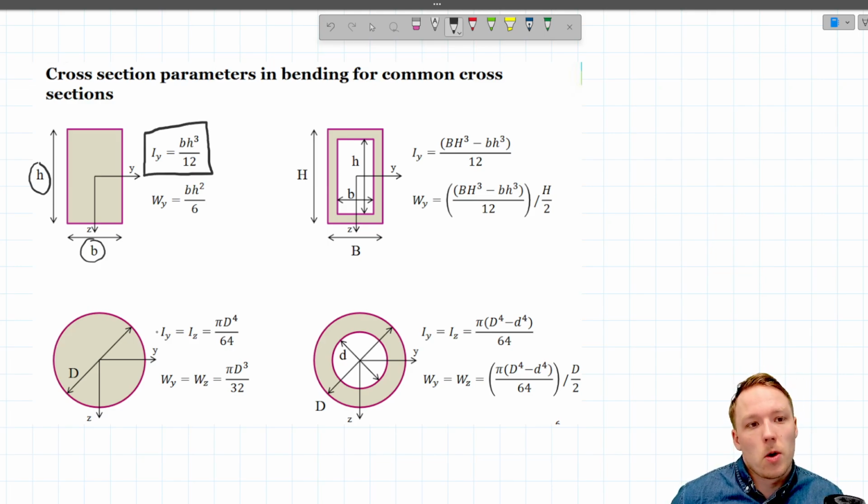This is a very basic equation, and we're going to need this one a lot. It is worth noting that in this example, in this equation, because we are calculating the second moment of inertia around the y-axis, this is the b and this is the h. If we were interested in calculating this around the z-axis, then the b and h would swap: this would be the h and this would be the b.